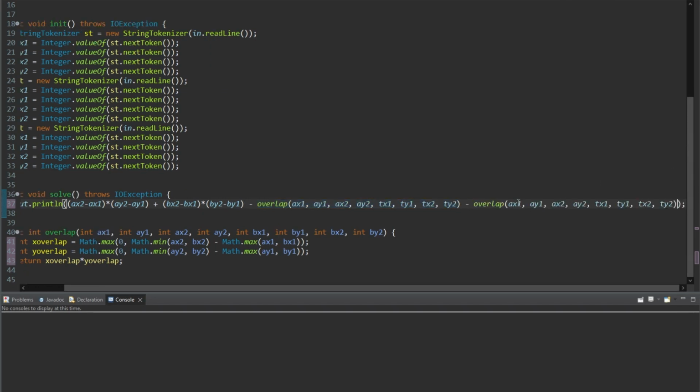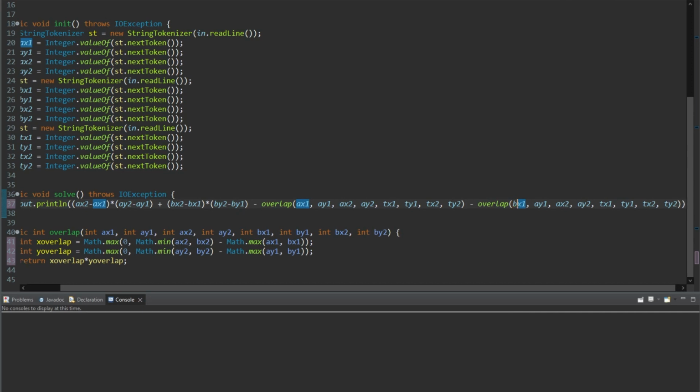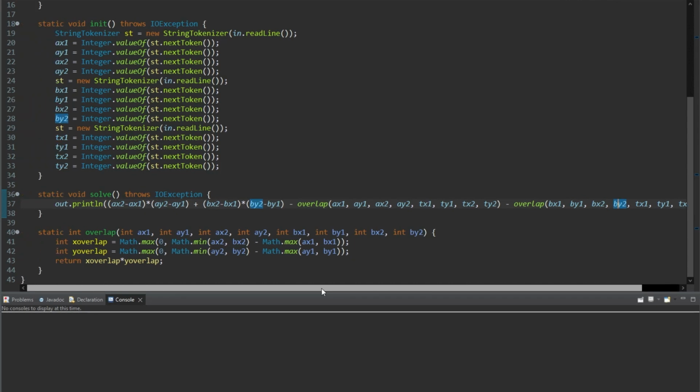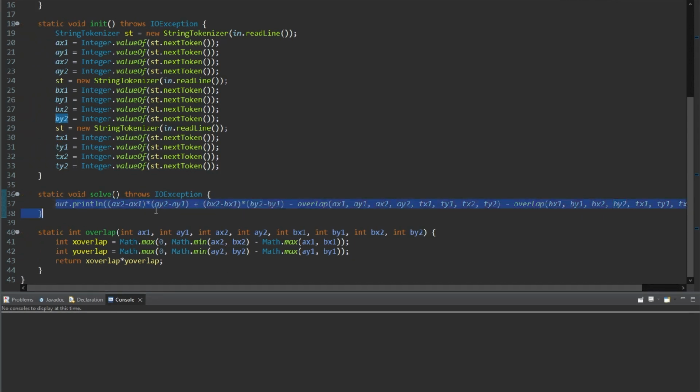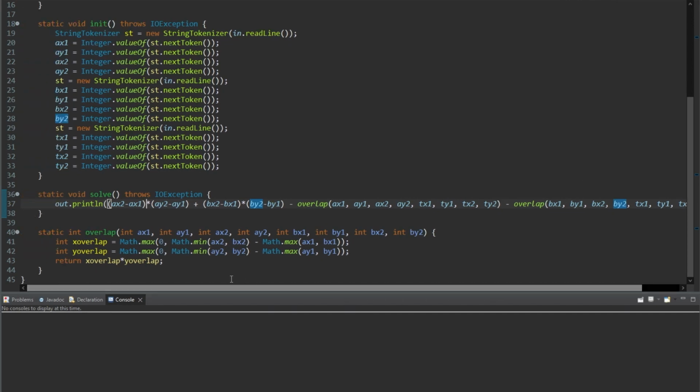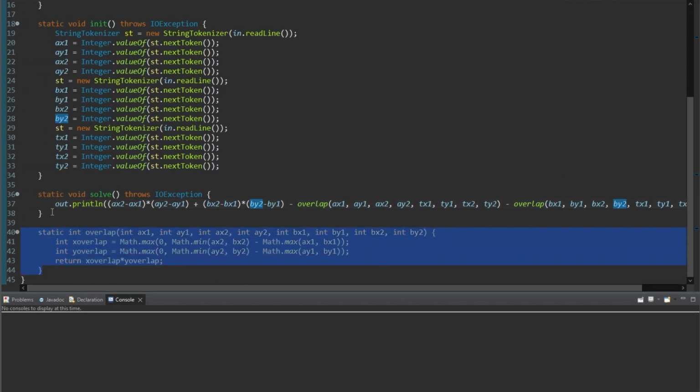And we need to do the same for B, so we need to find the overlap between B and the truck. And basically, this is all we really needed to do. We're just finding the areas of the two billboards, subtracting the overlap between the truck and billboard A and the truck and billboard B. We're finding the overlap using this method.